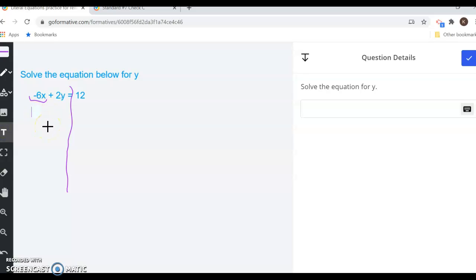Okay, so this time I'm going to add. It's a -6x, so the opposite is to add the 6x.